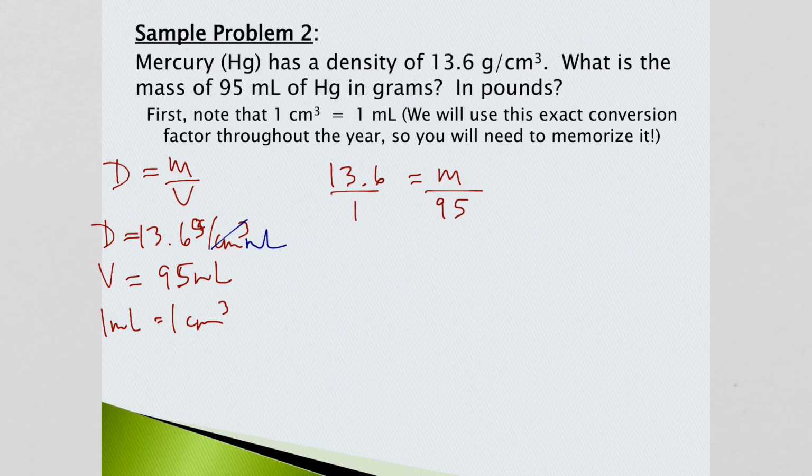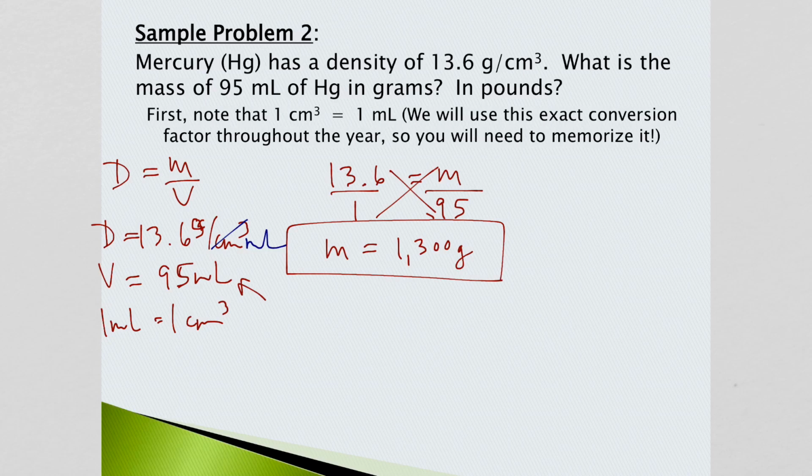And so now, just a little algebra, cross multiply. So I'll end up with M equals 13.6 times 95, which is 1,300 grams. 1 and 3, 2 significant figures because there's only 2 significant figures in 95. So that is one of my answers, the mass in grams.